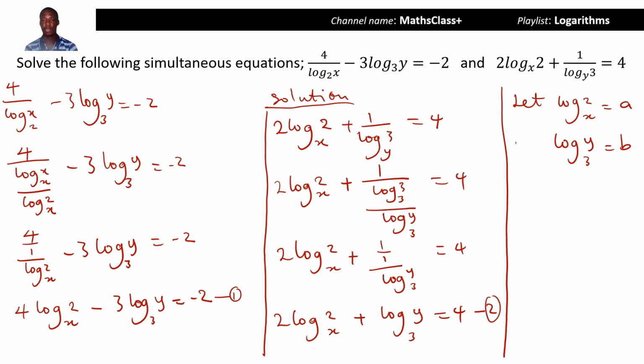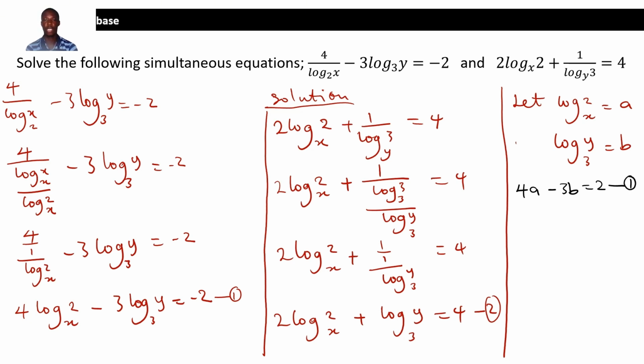So with that, my equation 1 becomes 4a minus 3b is equal to 2. I'll still maintain that as my equation 1.